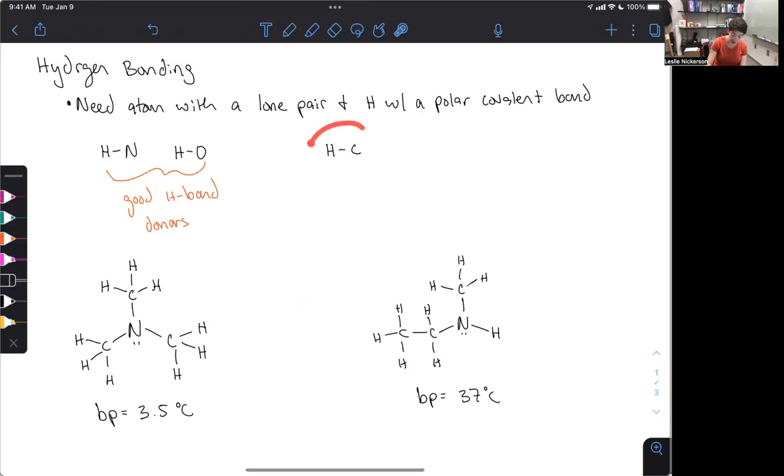If I'm looking at something like this, that is just a covalent bond, so this cannot do H bonding. We really need to be careful here. It's not just any CH bond that can do hydrogen bonding. You're generally going to be looking for NH and OH. Those are the more common ones.